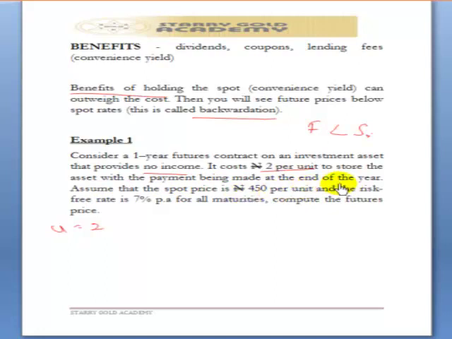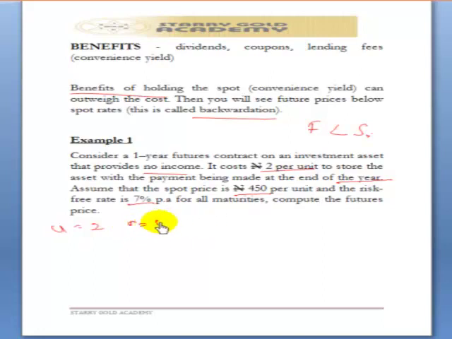Also note that the payment is made at the end of the year, because there's a difference between payment made at the beginning of the year or at the end of the year. And assume the spot price is 450 per unit and the risk-free rate is 7% per annum for all maturities. Compute the future price.